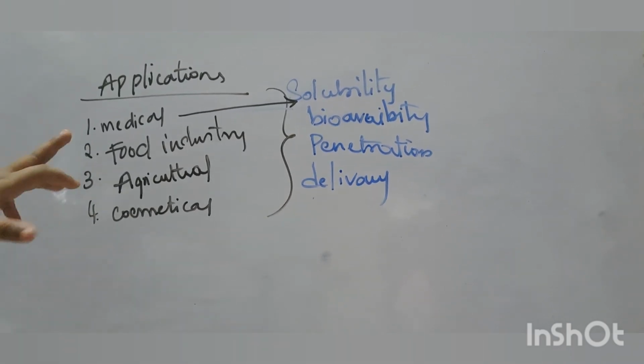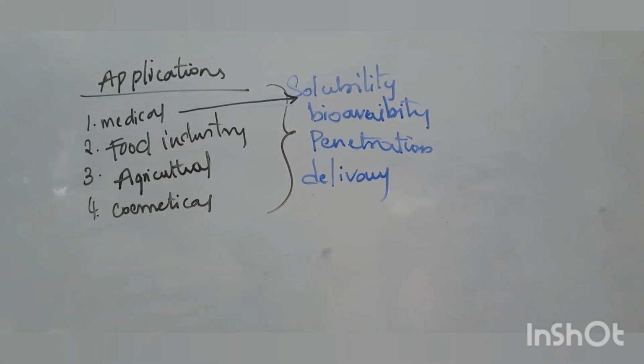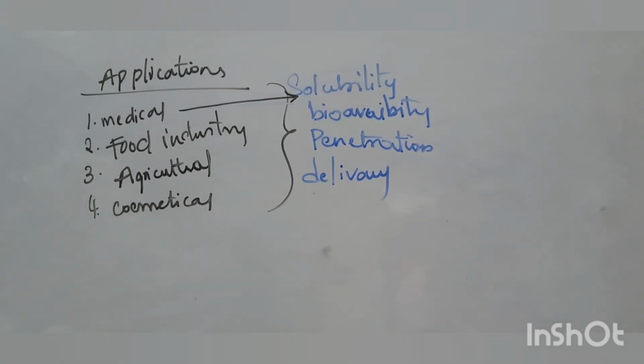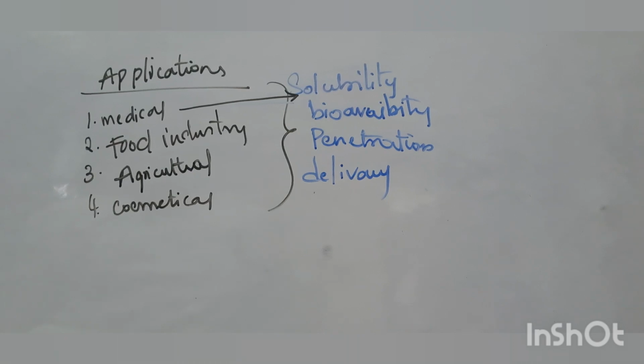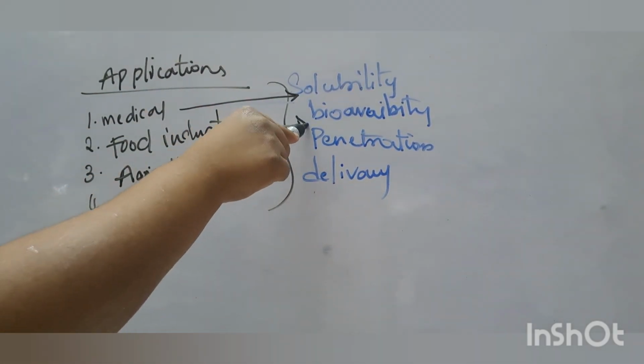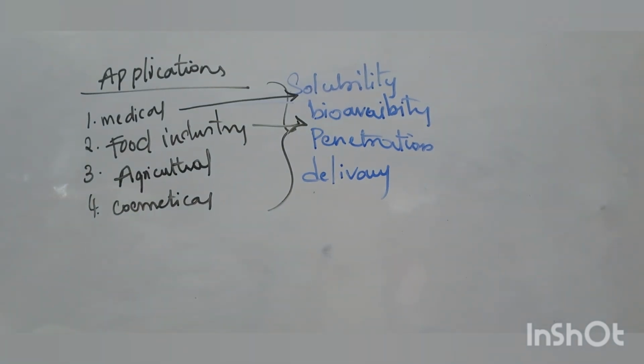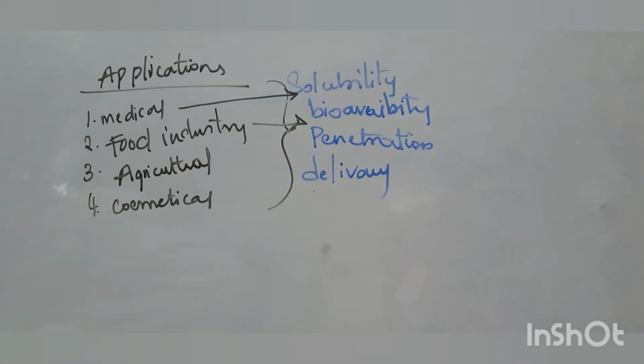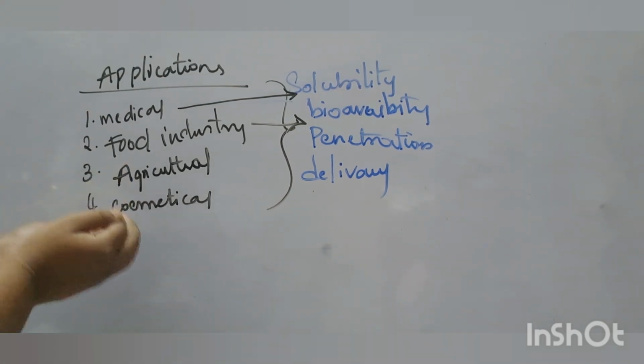Next, for the food industry, we are using nutrient delivery. The main theme in the food industry is to deliver nutrients, vitamins, flavors, and fat soluble vitamins, for bioavailability improvement, to improve the whole food product, right?